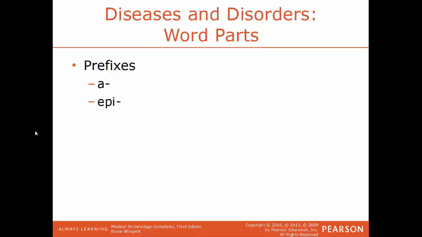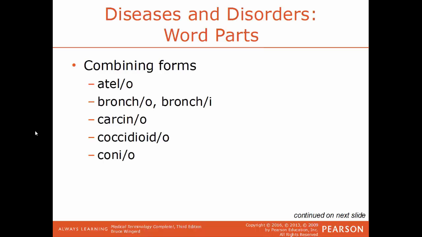Alright, now we'll talk about some diseases and disorders and their word parts. Start with the prefixes, ones we've already seen before. A means without or lacking. Epi means above. Some common combining forms that you'll see. The first one, atelo, means incomplete. Broncho, or bronchi, is reference to the bronchioles or the bronchial tree.